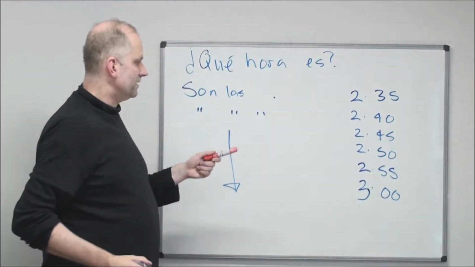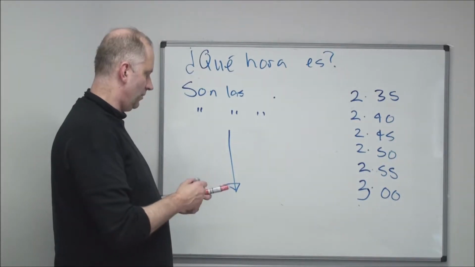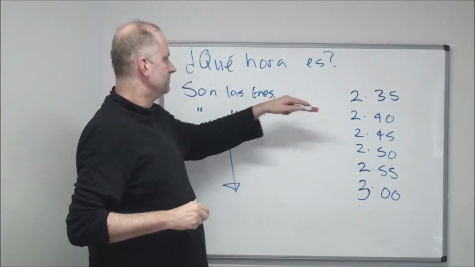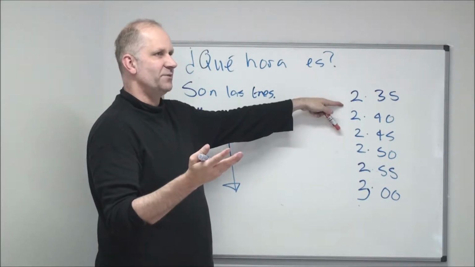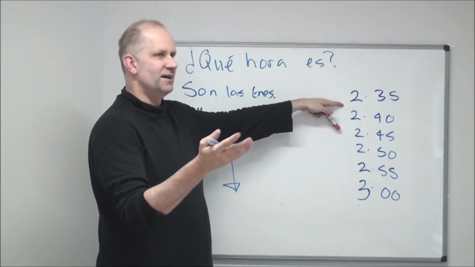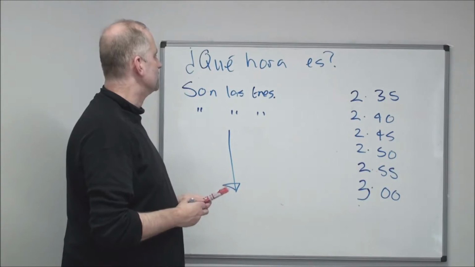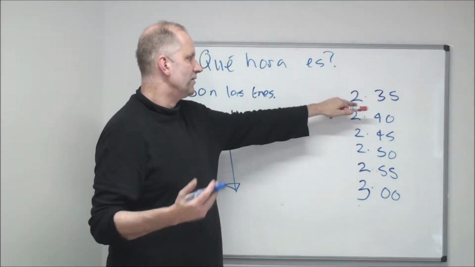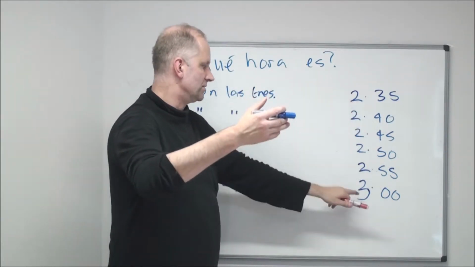The next hour is 3 o'clock, so we can start with that. We can say son las tres. This would be one way of saying 2:35. It'd be nice if I got the time exactly right as the clock was chiming. Son las tres. So what we can do now is either say it's 2:35, or we can say it's 25 to the next hour, which is 3.